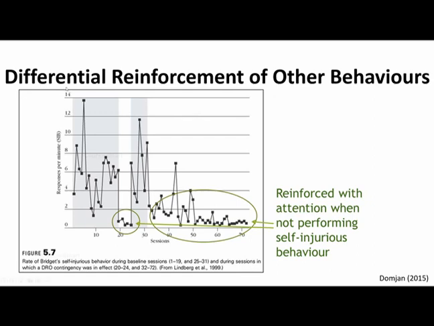So when we talk about differential reinforcement of other behaviors, we're basically saying that you get no reinforcement, you don't get that appetitive stimulus if you do that one behavior that we don't want you to do, but you can get that appetitive stimulus, that reinforcement, if you do some other behavior other than the one that we're trying to eliminate.